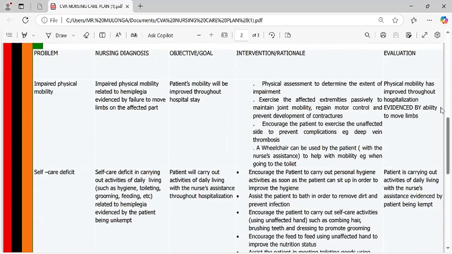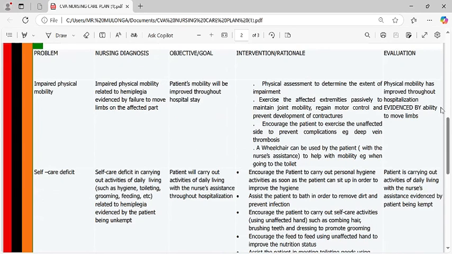So our goal is patient's mobility will improve throughout the hospital stay. You can put it like, to improve the patient's mobility throughout hospitalization. That is the easiest way we are going to write our goal. And remember, the goals have to be SMART.